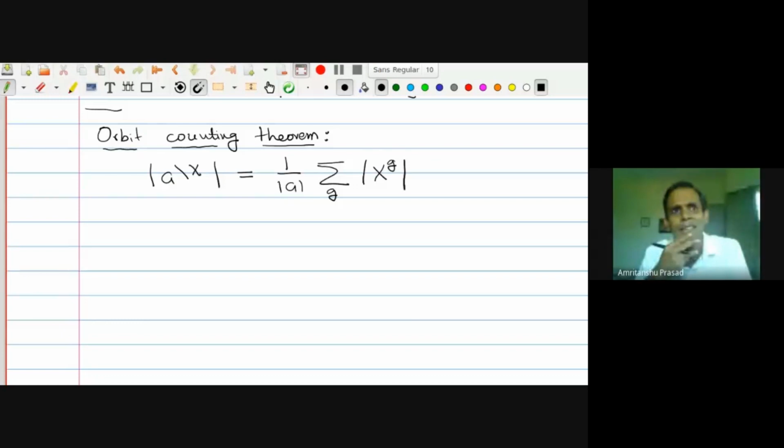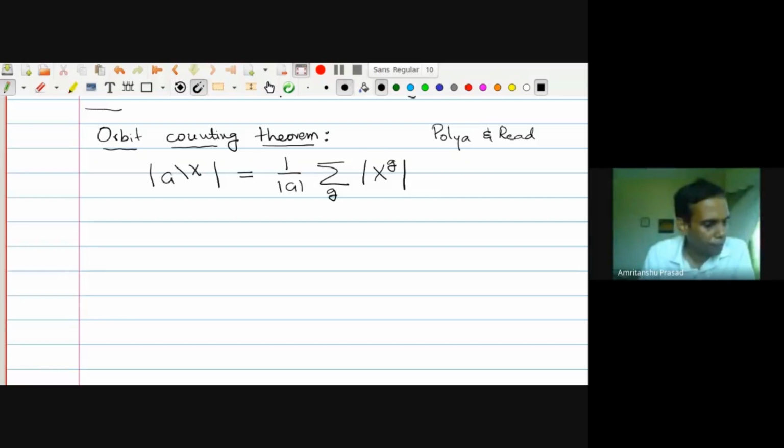If you want to see other proofs, there's this book by Polya and Read, which will have everything that's in this talk. It's called Combinatorial Enumeration of Groups, Graphs, and Chemical Compounds. If the notes have been shared, it's in the notes.